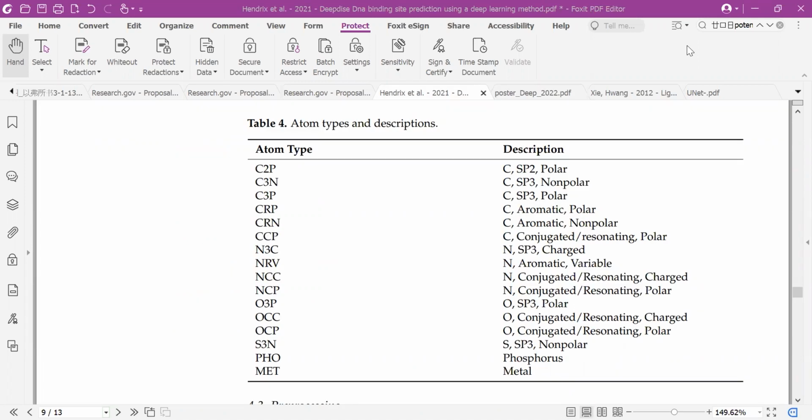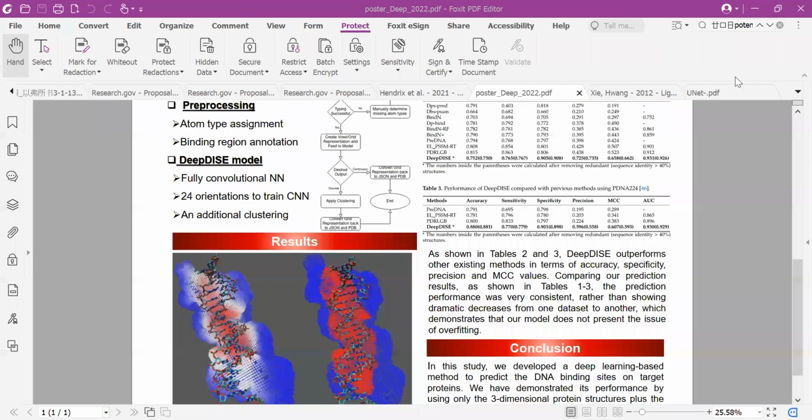We wrote a program to assign atom types to the atoms of target proteins. If an empty grid was within 4 angstrom of any binding DNA atoms, it would be assigned as a binding site. Otherwise, it would be a non-binding site.